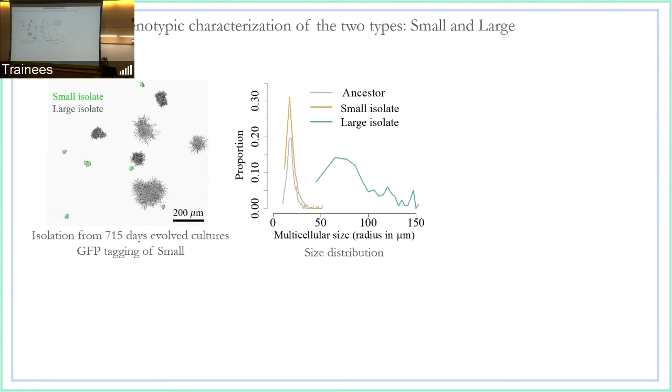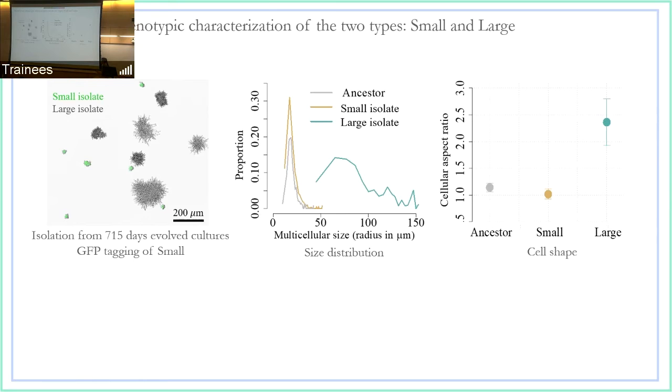But what about the cells inside the clusters? We decided to characterize the cell shape inside the clusters. To do this, we use aspect ratio, which is the length over the width. The ratio of both can give you an idea of the cell shape. The closer the aspect ratio is to 1, the rounder the cell.